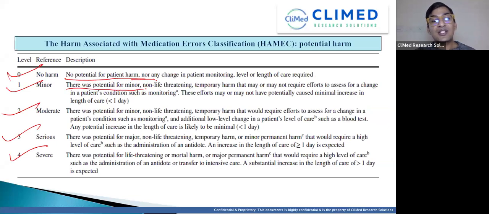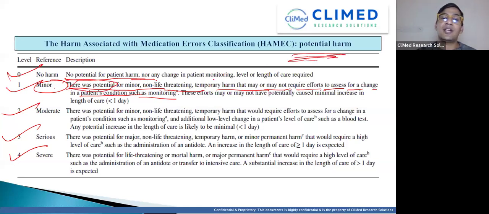Minor: there was potential for minor, non-life threatening, temporary harm that may or may not require efforts to assess for a change in the patient's condition, such as monitoring. The term potential is what is removed when we talk about actual harm. So the definition is exactly the same for potential and actual.